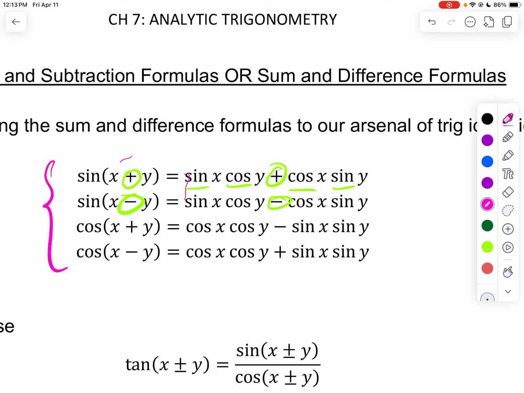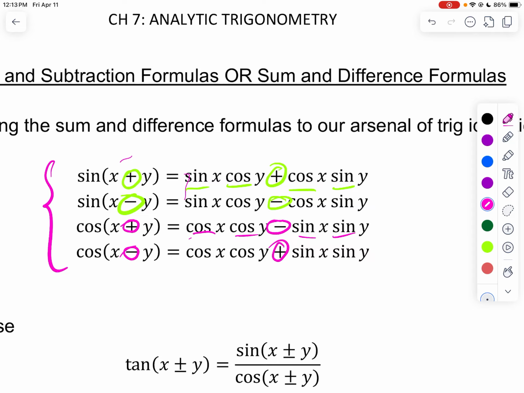So we have cosine x times cosine y, and then sine x times sine y. Also note the sign in the middle: if it's an addition here, it becomes a subtraction on the right hand side, and if you have a subtraction here, it becomes addition on the right hand side. The terms are the same.